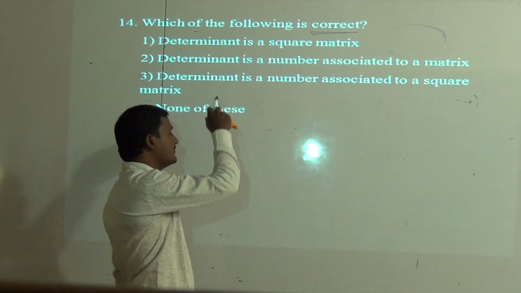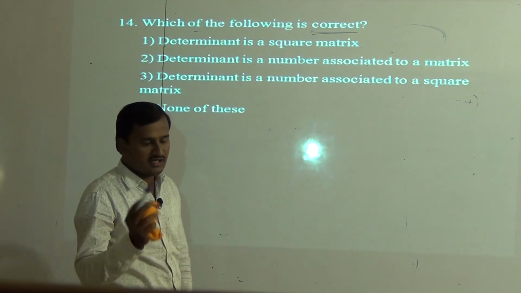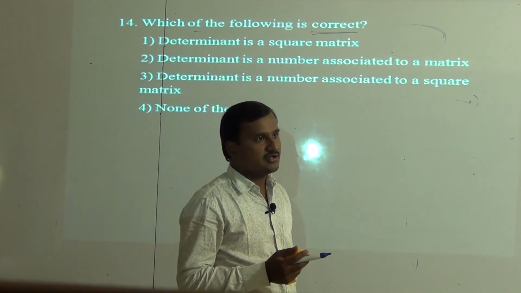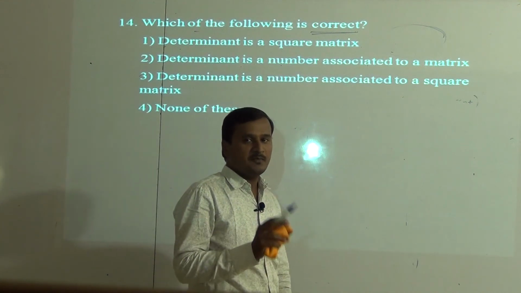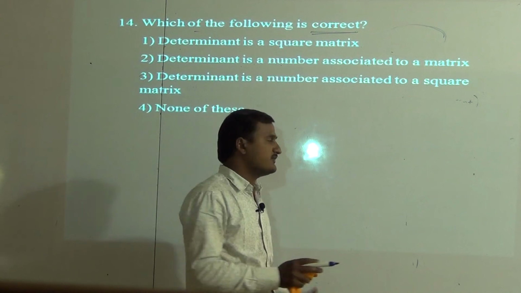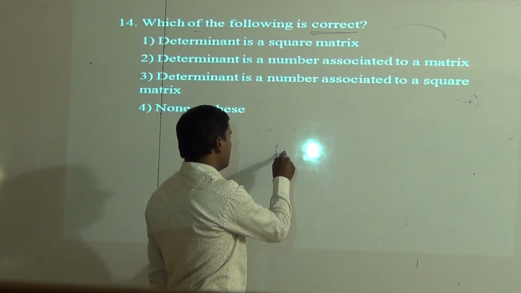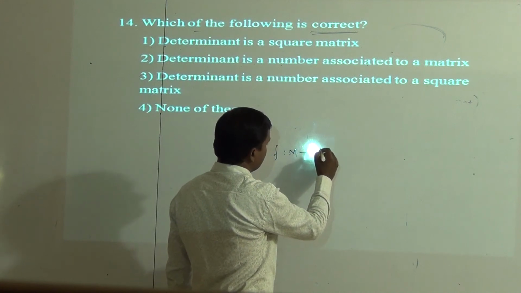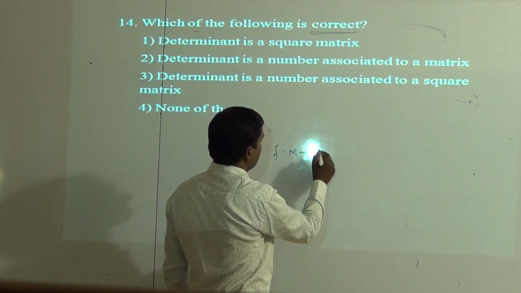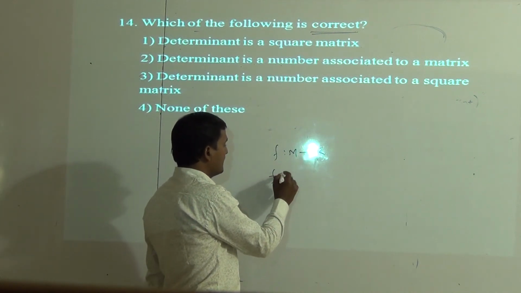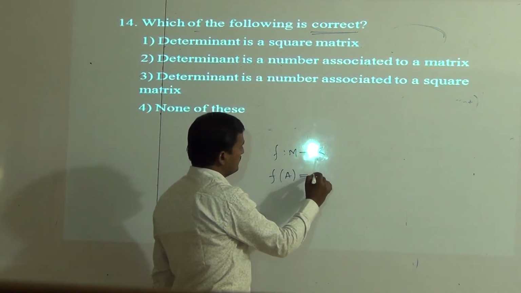In option 3 they have mentioned the definition of the determinant. What is the definition of the determinant? It is a number associated to a square matrix, or it is a function from the set of square matrices to the set of real numbers. This function is defined by f of A is equal to r.